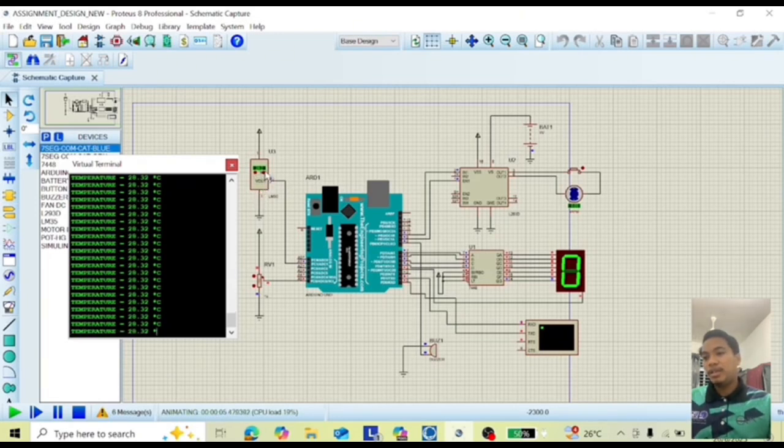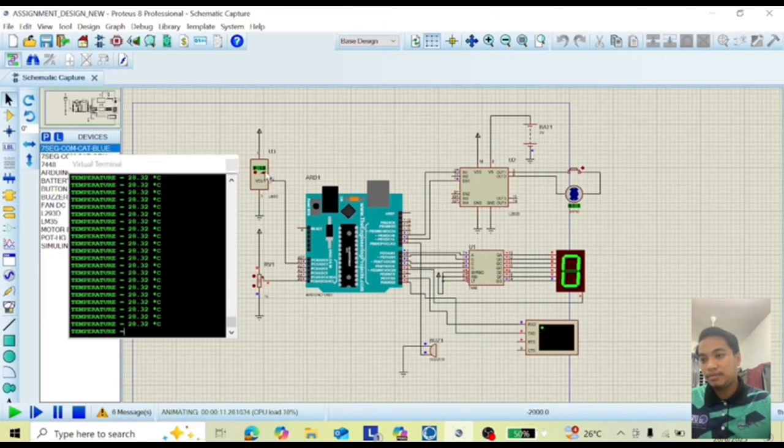When I increase to 30 degrees Celsius, the buzzer will turn on and the motor will run, and I will control the speed of the motor using the potentiometer, and the speed will appear on the 7 segments, which is 0 speed, 1 speed, 2 speed, or 3 speed.